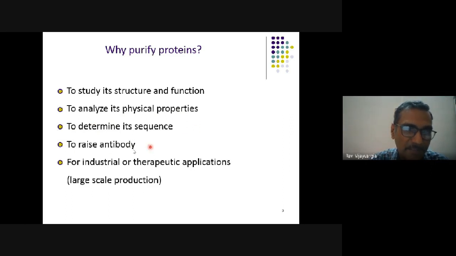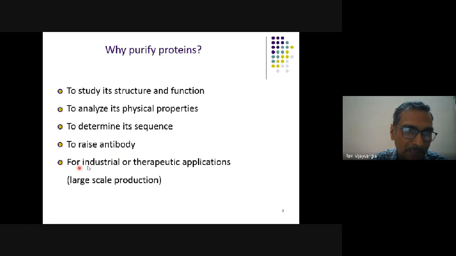To raise antibodies, so antibodies serve as very good tools for several diagnostic, therapeutic and industrial applications of the protein. For example, a lot of growth factors and other proteins like insulin are used for a lot of patient applications, as well as in industry. We can add purified proteins like enzymes.